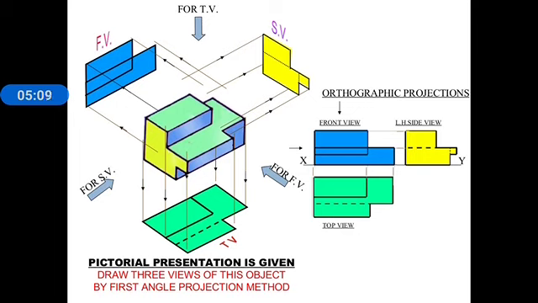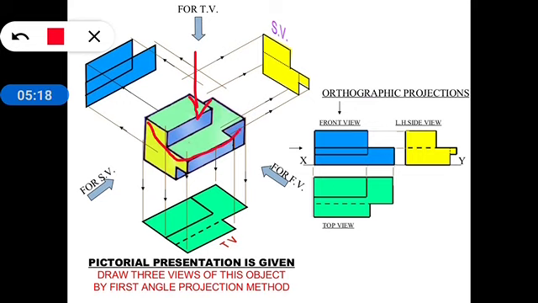Now considering this object, when we see it from the top side, we can see this portion, and this lower section we can't see. That's why I pointed it out as a dotted line, and these lines are plain lines.